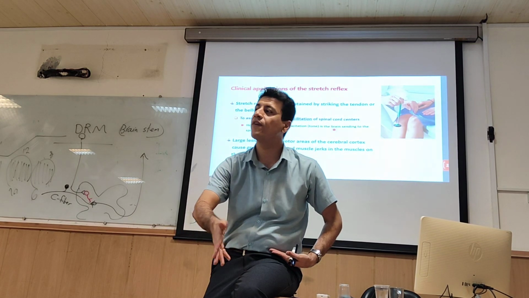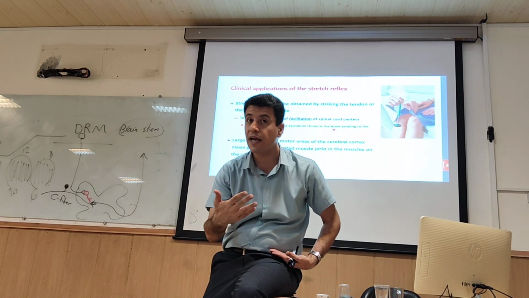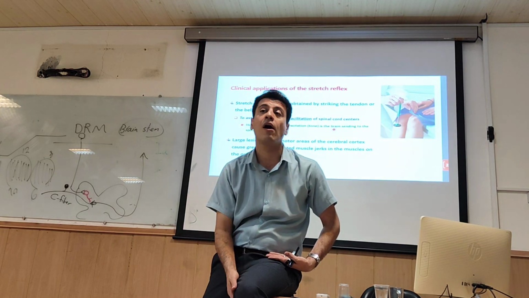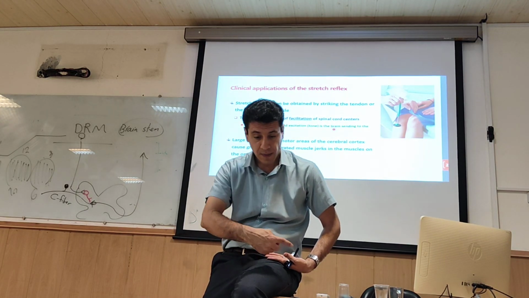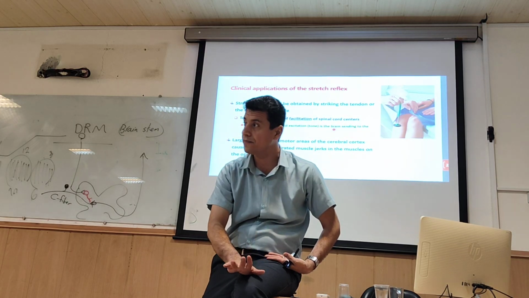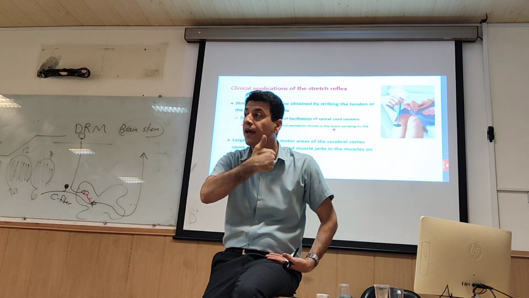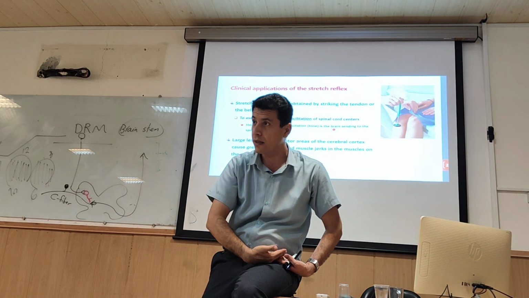There may be something wrong with these when the reflex is absent. But when the reflex is hyperactive, the arc itself is intact, but probably there is a problem with the descending pathways.